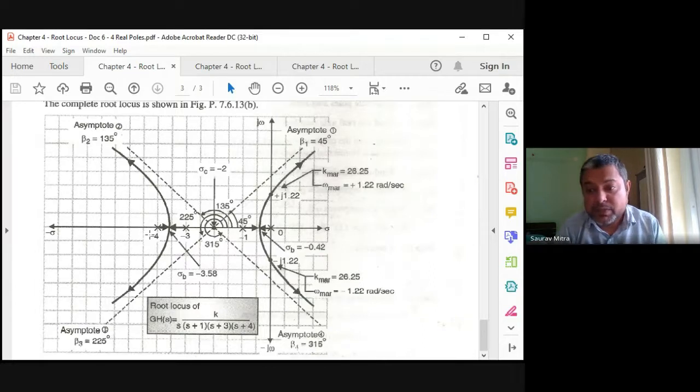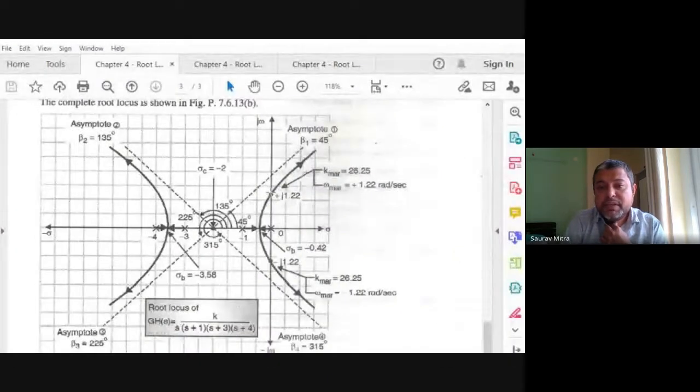But 0 and -1, these two poles are called conditionally stable poles. Why? Because for gain less than 26.25, that means up to the marginal gain k of 26.25, the root from 0 goes up and at 26.25 it crosses the imaginary axis.